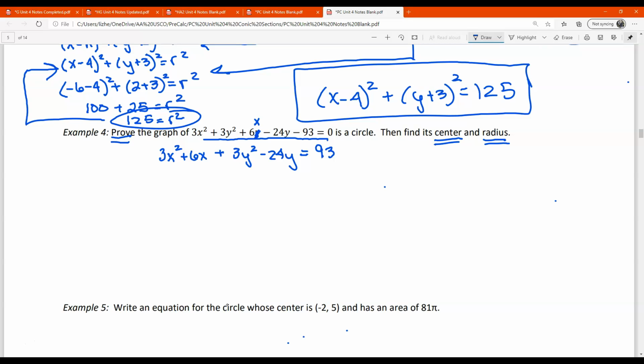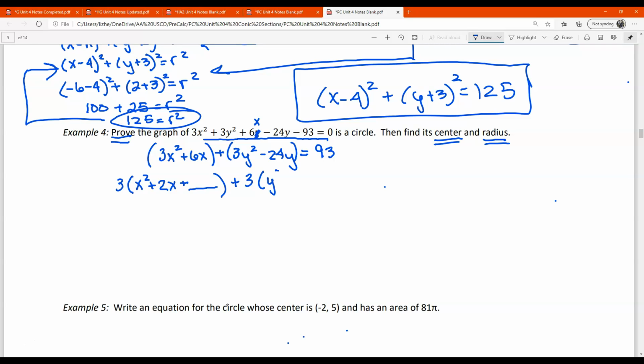So looking at my x terms right here, I notice they both have a 3 in it. I will factor that out. And then I'm going to leave a little space for my completing the square. Looking at my y terms, they both have a 3 in them. And I'm going to factor that out.